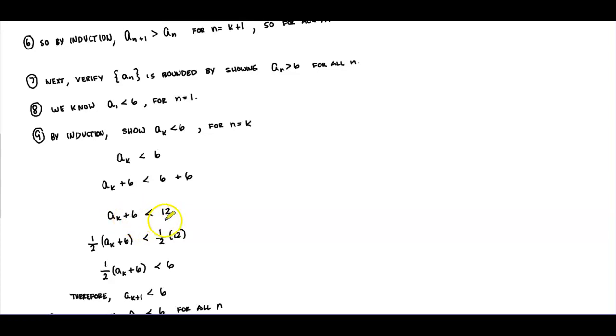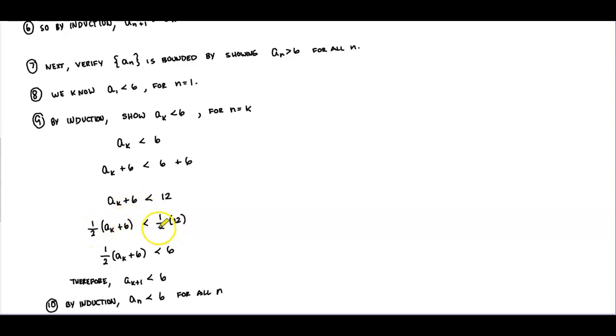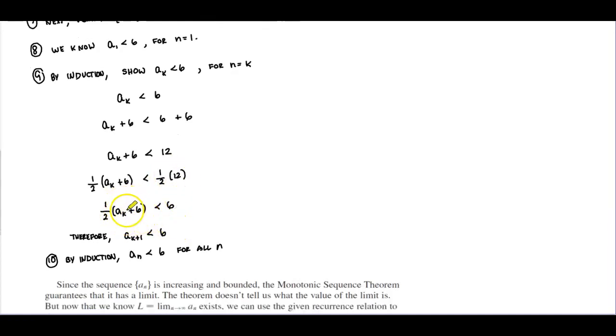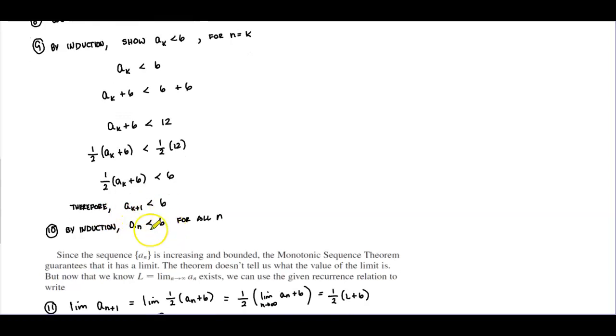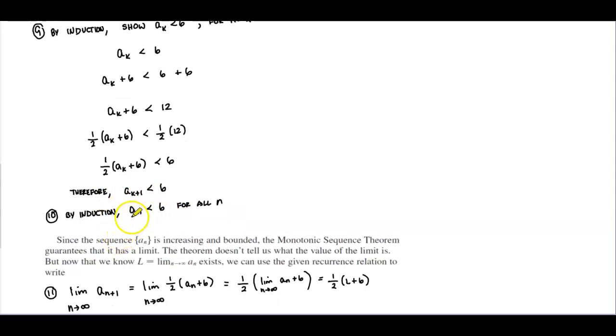Then we multiply both sides by 1/2, getting 1/2 times the quantity a subscript k plus 6, and half of 12 is 6. So the left side is less than 6, and therefore a subscript k plus 1 is less than 6. By induction, a subscript n is less than 6 for all values of n.